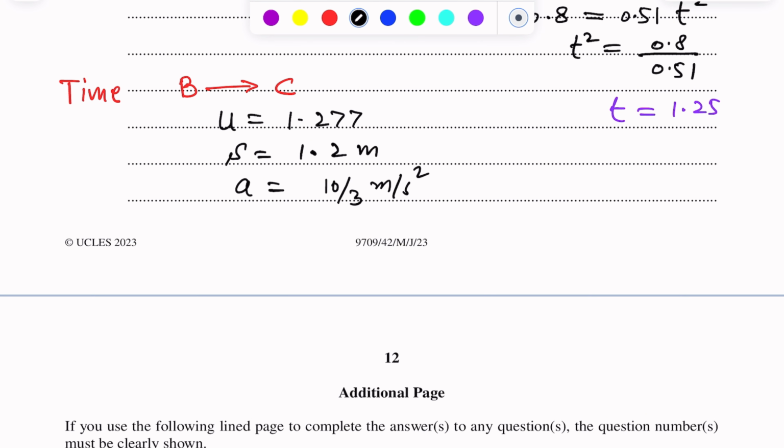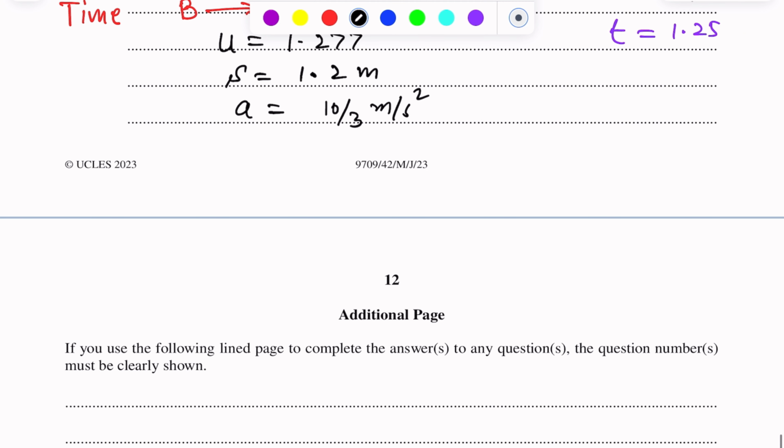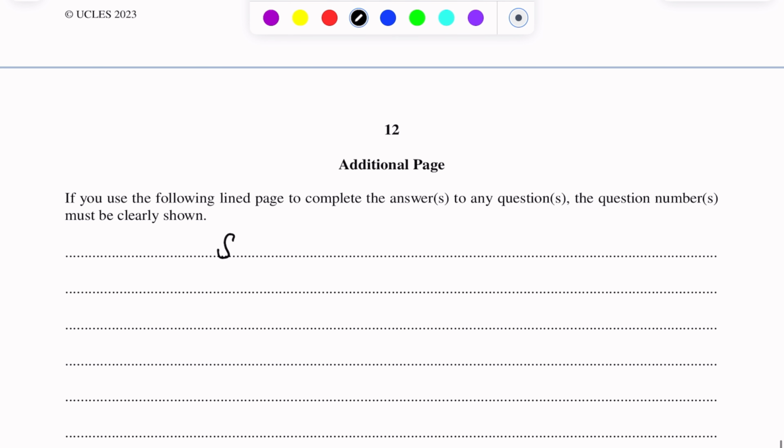Now we again use this equation. s is equal to ut plus half at square. Now s distance is 1.2.